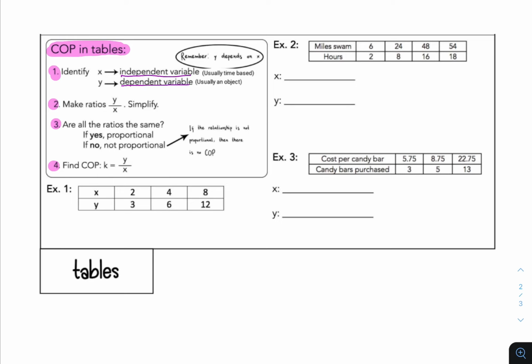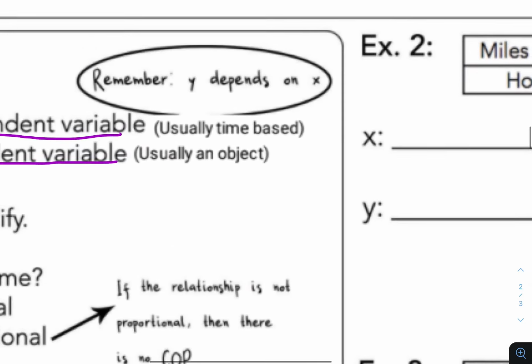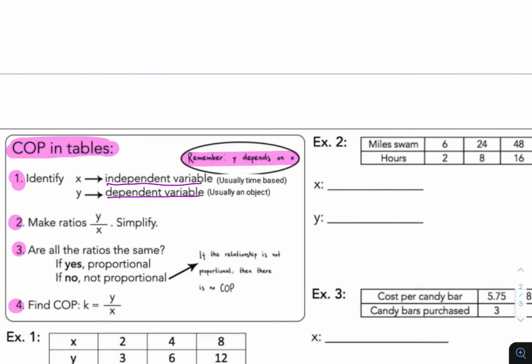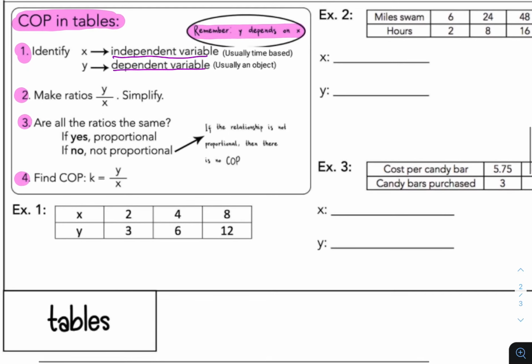Now, if you haven't talked about this in science yet, you're about to, so hopefully this can help you. The thing to remember, and this is most important, y depends on x. That's like saying the amount of money you earn per hour, so like for the workday, depends upon how many hours you work.